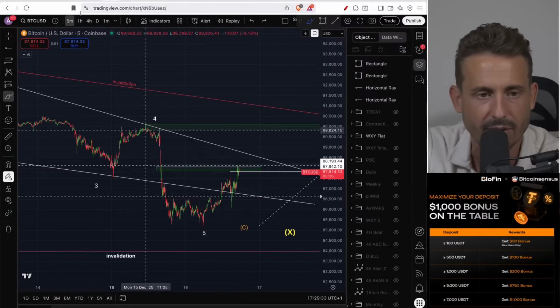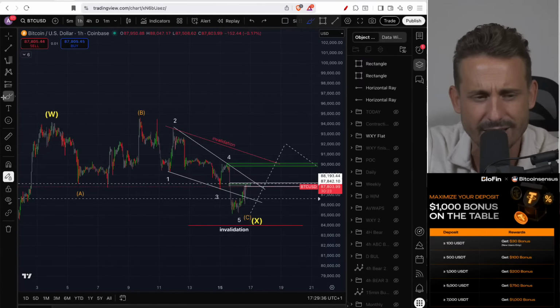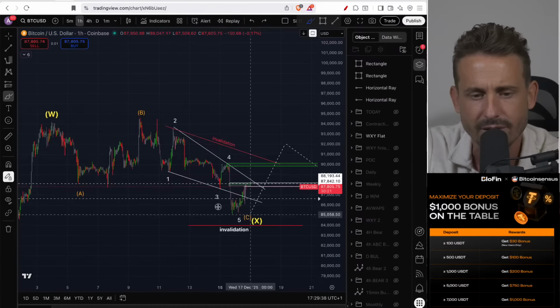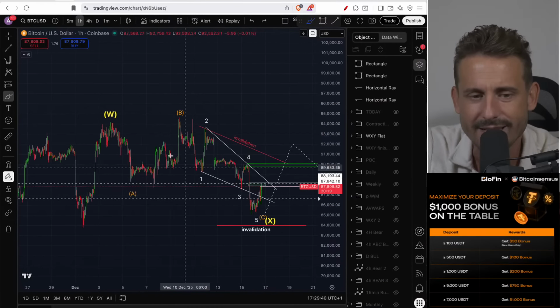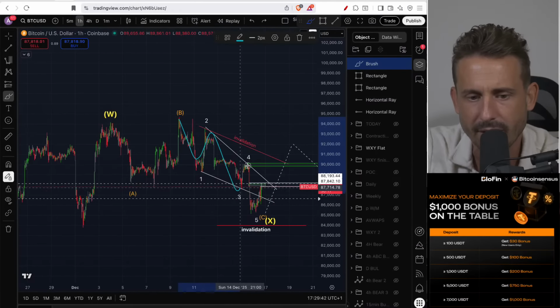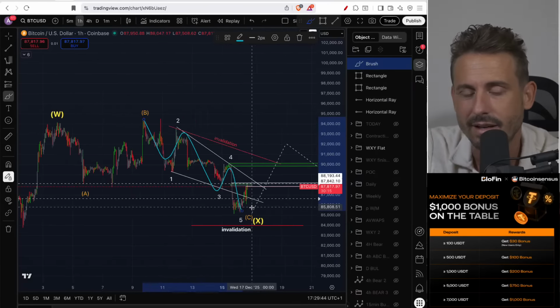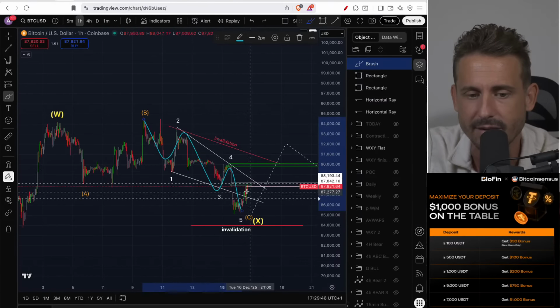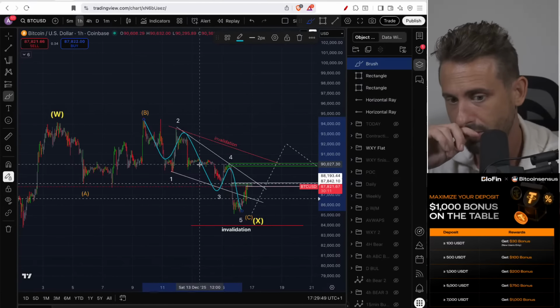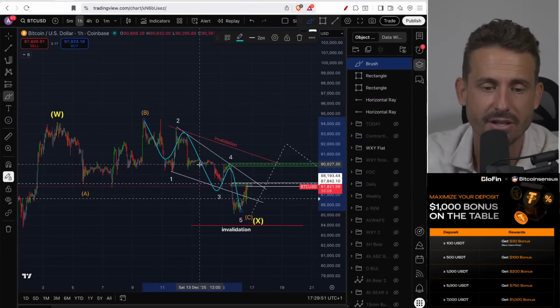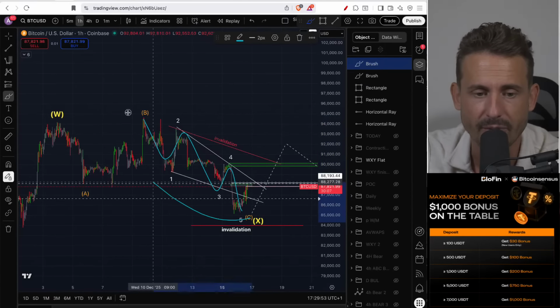And obviously, that's when you zoom out and you understand, hang on a minute. Diagonal, ending diagonal, 3, 3, 3, 3, 3. It's a pattern that is developed with 3 waves on each single wave, all of the 5 waves.